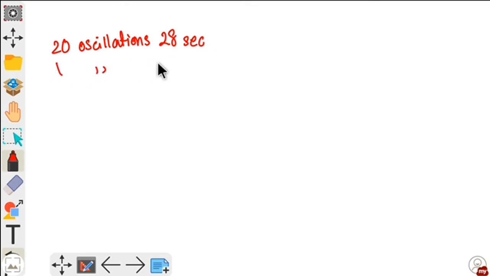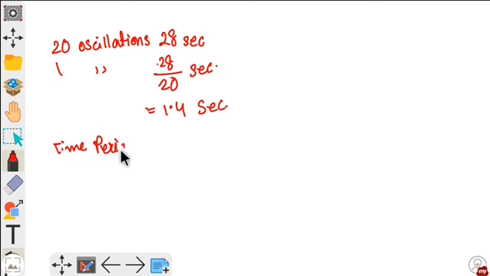So one oscillation takes 28 divided by 20 second. So 1.4 second. So the time period of the pendulum, capital T, is equal to 1.4 second. So I hope you understand what is the time period.